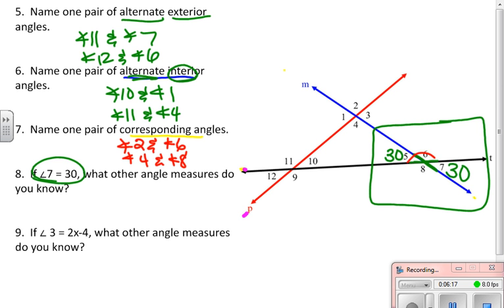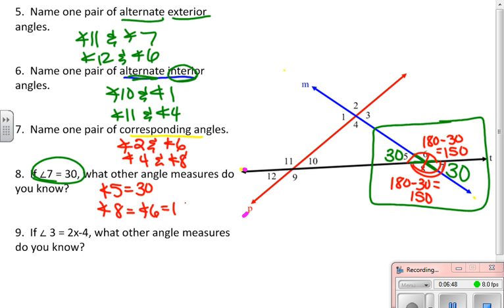I know that these two form a linear pair, so this is 180 minus 30, which equals 150. In the same way, this is vertical, so I have 180 minus 30 equal to 150 down here. Once I've worked on my picture, I can go ahead and transfer my answers. So angle 5 is 30, and angle 8 is the same as angle 6, which is 150.